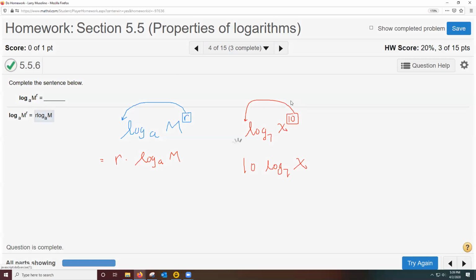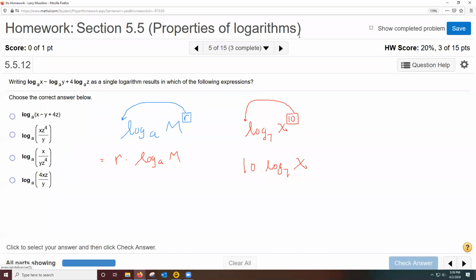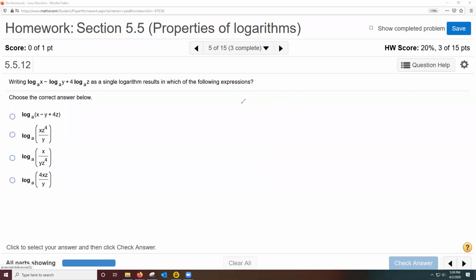All right, let's do some examples to illustrate some of these properties. So let me go to an example here. All right, this one is asking me to rewrite this expression as a single log. So this means we want to condense it down. Let me look at the first part here.